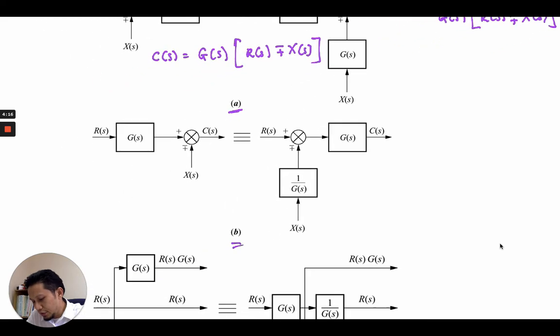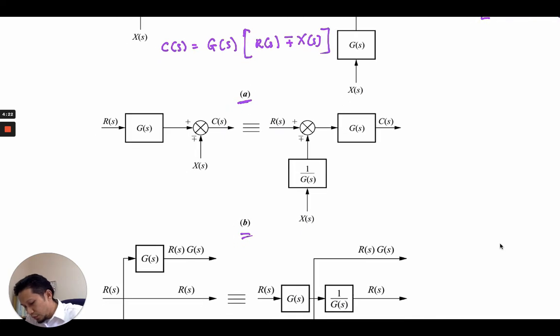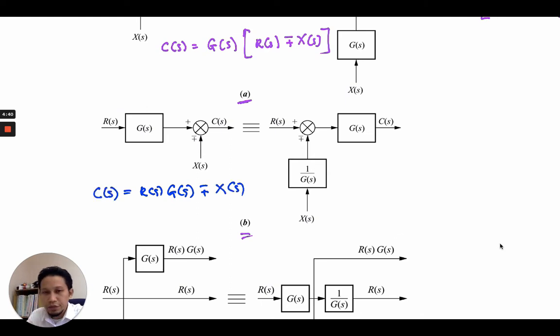So let's find C(s) over here. C(s) equals a summation of R(s)G(s) minus plus X(s).